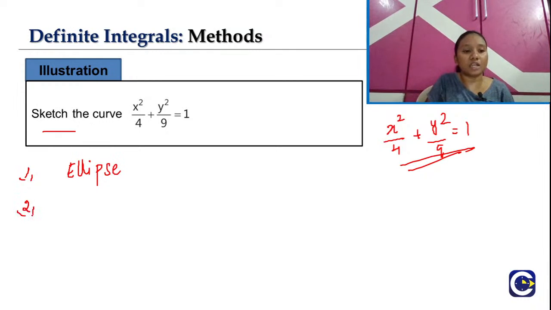And what other information can you predict? According to the steps which we have seen, we can check whether the origin is lying on the curve or not. Okay, Shivaranjan has already given the intersection points, exactly. The intersection points on the x-axis as well as the y-axis here. So can you tell me whether the origin is lying on this curve or not? Any one of you?